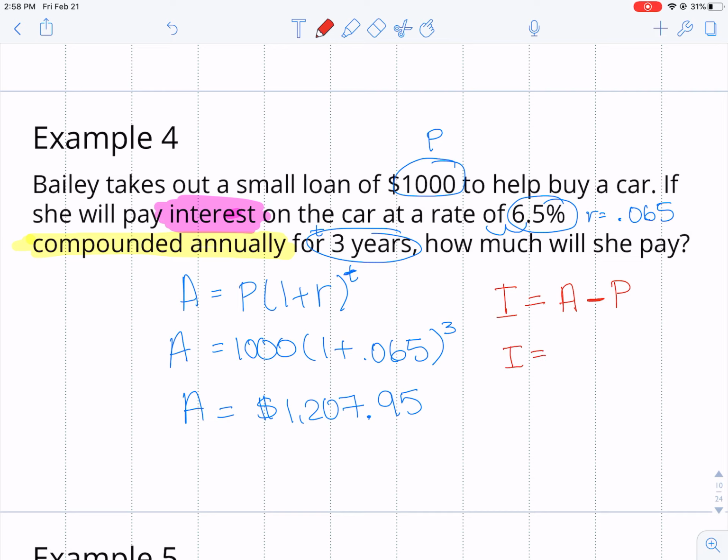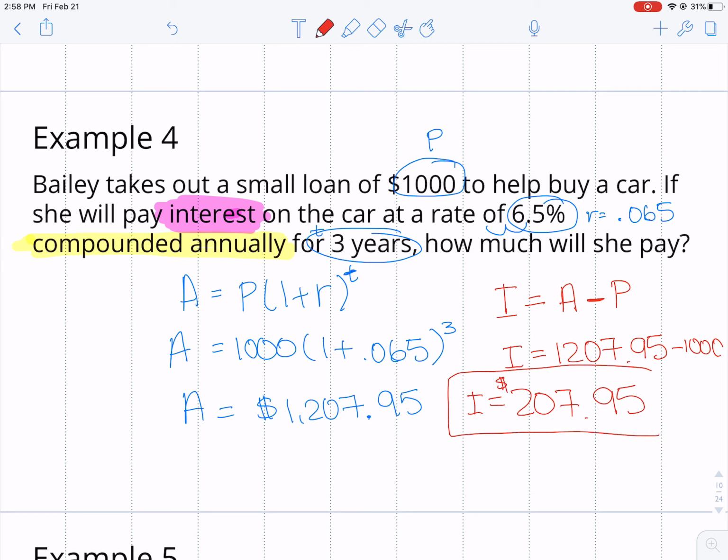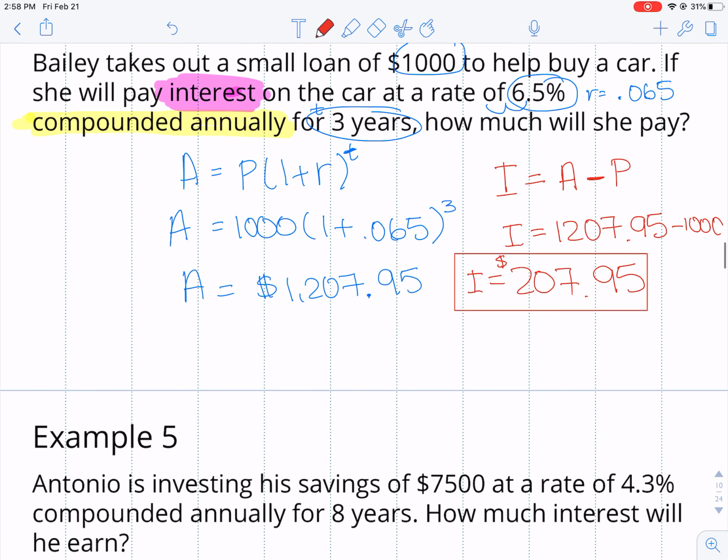So you should do $1,207.95 minus the $1,000, and that should give you $207.95 as your final answer. There we go.